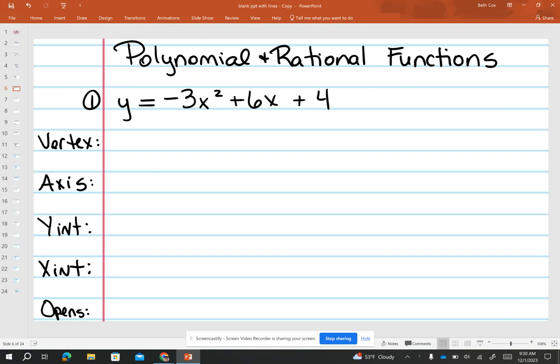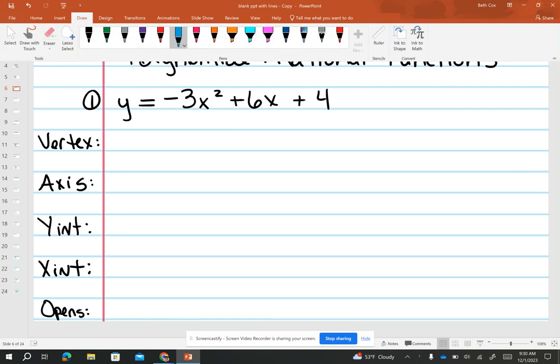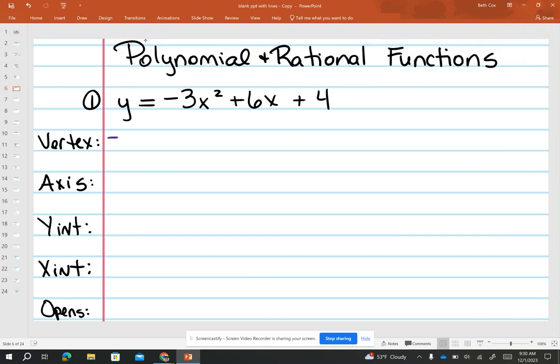Here we go. So the vertex, we need a formula for this. The vertex formula is negative b over 2a is your x member, and then we're going to plug that in because the vertex is an actual point. So we know a, b, and c because this is a quadratic and we recognize that. And so the first part we're going to do x equals negative 6 over 2 times negative 3.